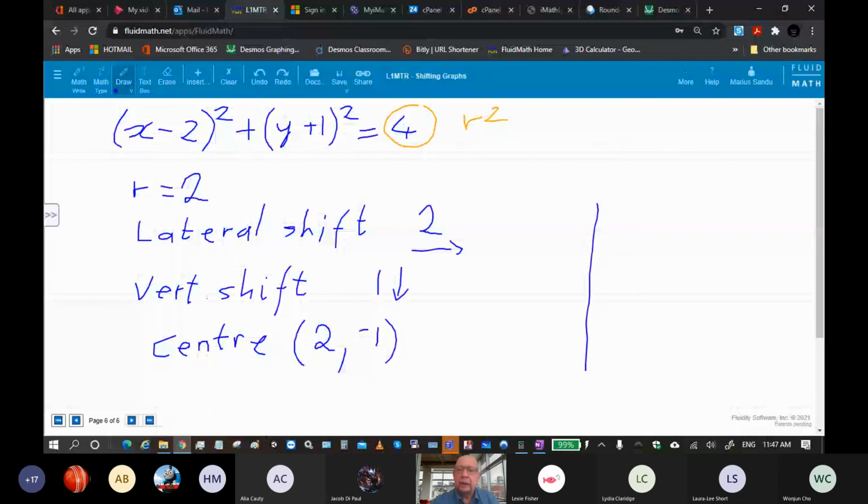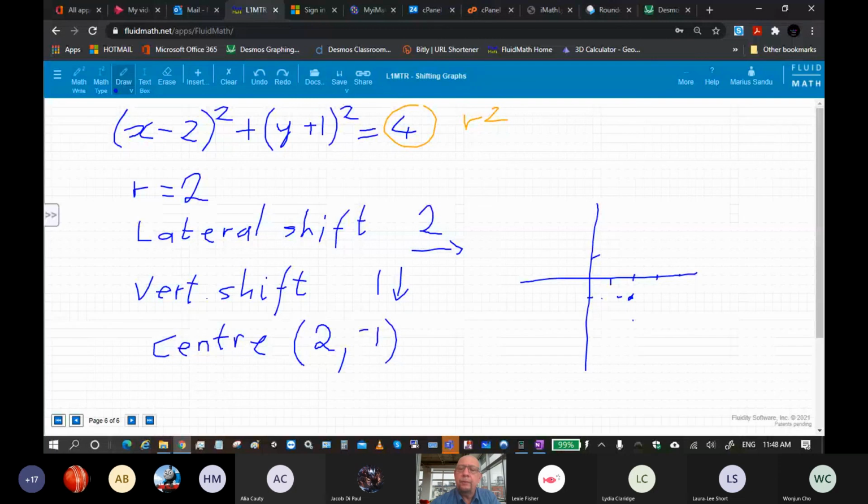I can sketch that and say I go 1, 2 to the right and 1 down. That's my center. And the radius is going to be 2. So I've got 1, 2, 1, 2, 1, 2, 1, 2.